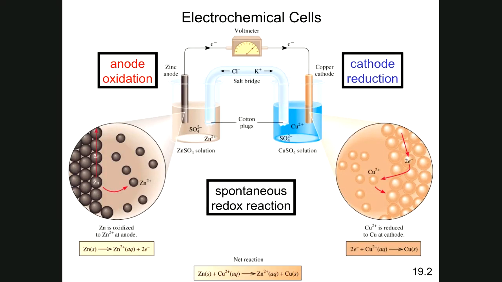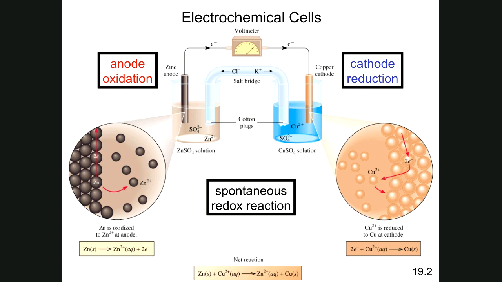An electrochemical cell is made of two cells known as cathode and anode. Basically, you're separating the oxidation reduction reaction into two separate containers.